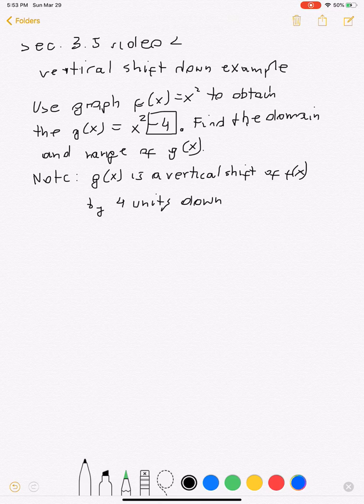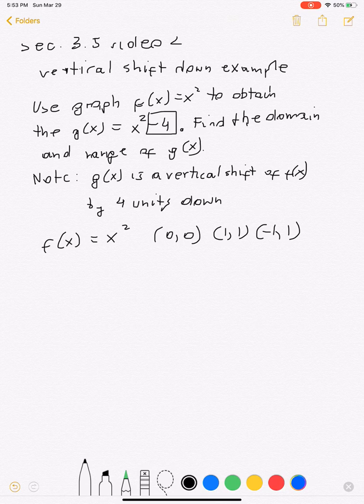Okay. So in the previous example, we already graphed f of x, which is x squared, and we had 3 major points: 0, 0, 1, 1, negative 1, 1. So we're going to use those points.